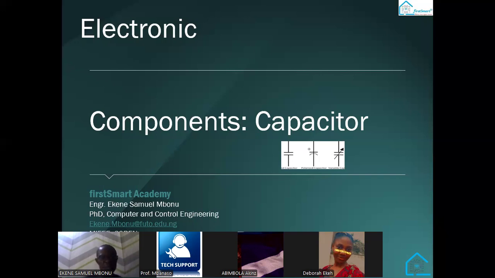Because even sensors, you notice that they are just application of these components. Optocouplers, the same thing. If you open up an optocoupler, for example, what you will see there is a diode and a transistor. You pick up a triac, you notice it's the same thing. You just see the symbol of two diodes there.